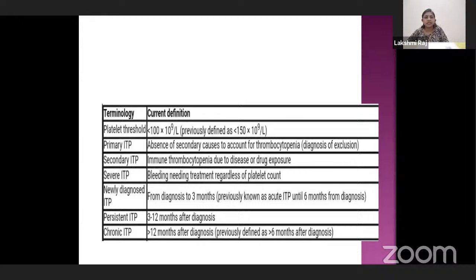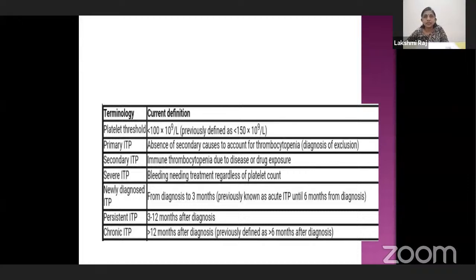And what is newly diagnosed ITP? This is the recent classification. ITP is divided into newly diagnosed ITP, persistent ITP, and chronic ITP. First is newly diagnosed ITP. That means from the time of diagnosis to 3 months. That is what is known as newly diagnosed ITP.